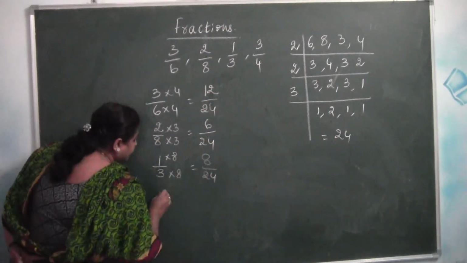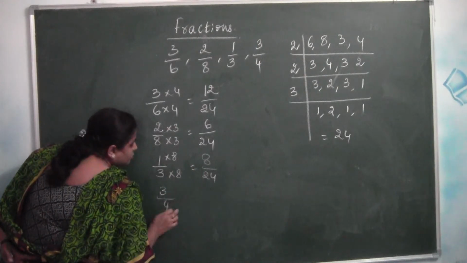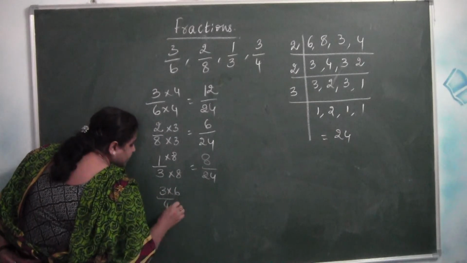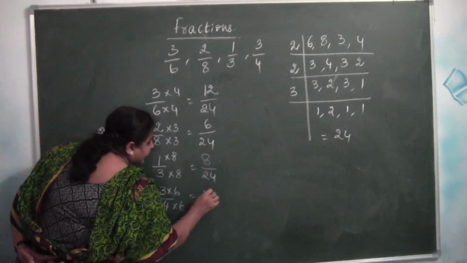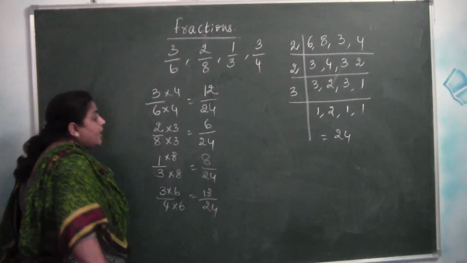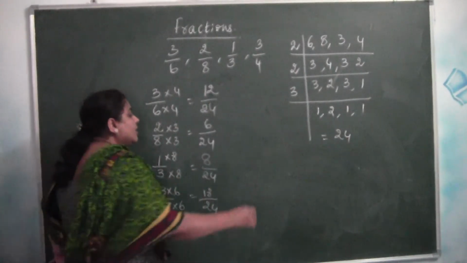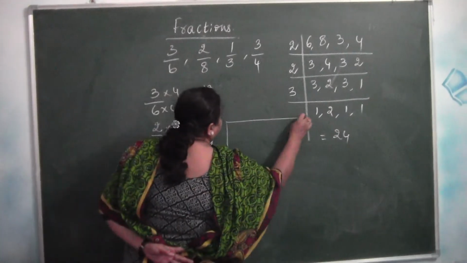The next 3/4. So 24 in 4, how many times? 6 times. Into 6 into 6, that is 18/24. Now what do you observe, children? All the denominators, isn't it? We got the 24. Now let us list out all the fractions.